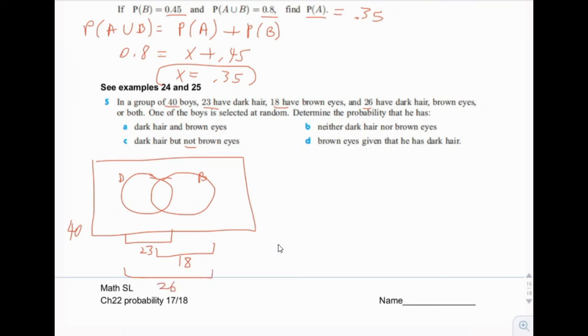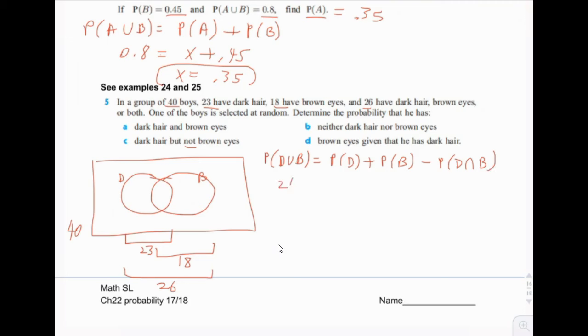Okay. And then now we can use this and the addition formula to figure out how many are inside the fish section. Okay. So we have probability of D union B is equal to the probability of D plus the probability of B minus the probability of D intersect B. So the probability of D union B we know is 26 divided by 40.